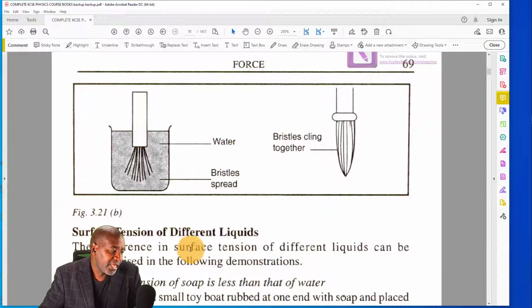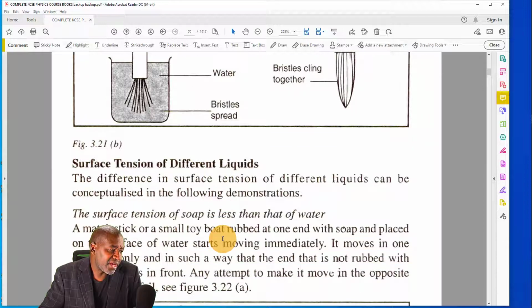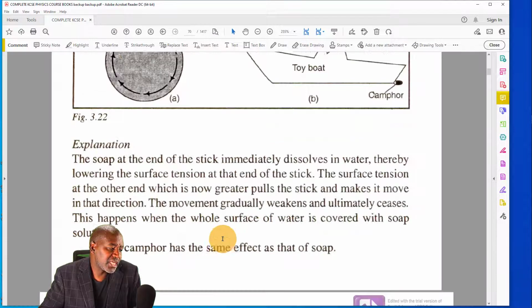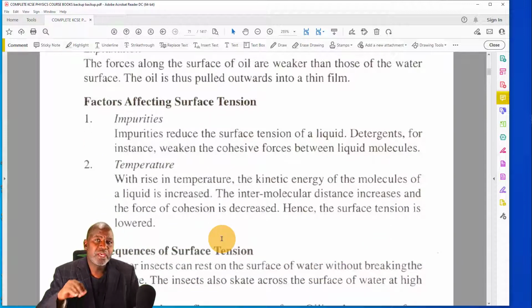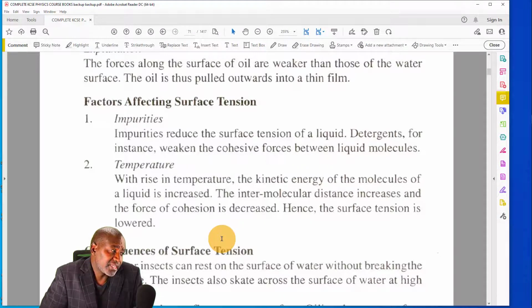Finally, there are factors which affect surface tension, and there are two of them: impurities and temperature. When you introduce impurities into a liquid, you lower the surface tension. When you raise the temperature of the liquid, again, you lower the surface tension, and the factors are given there.